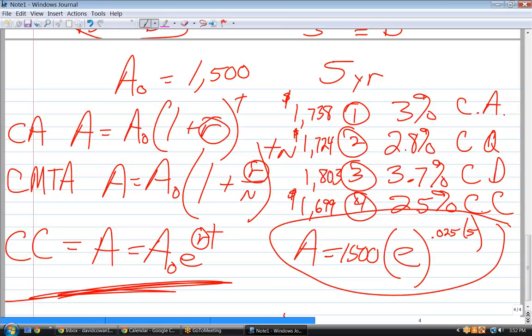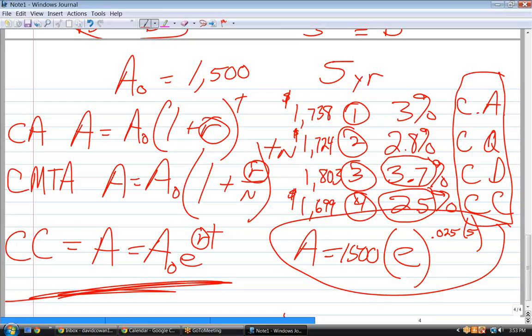And notice that that's the least. Well, it's not that surprising because it was 2.5, which is the least rate, and the highest rate was 3.7, and that gave you the best result. So it kind of shows you that all of the differences in that aren't that great.